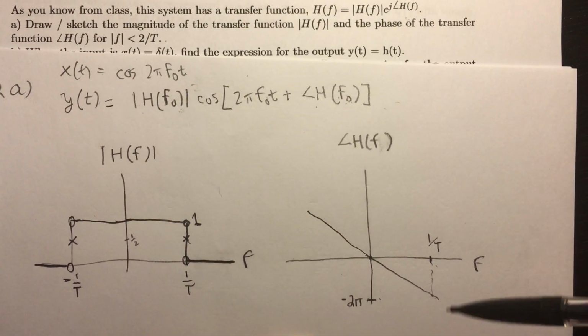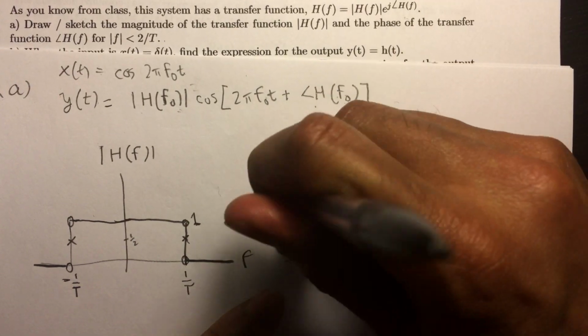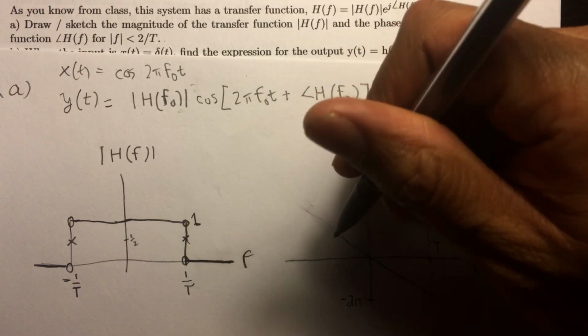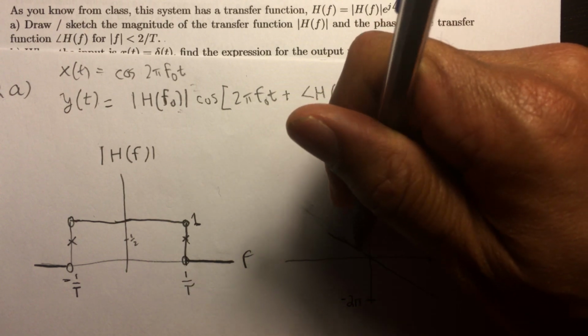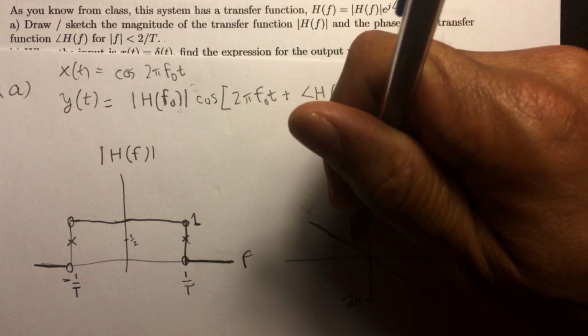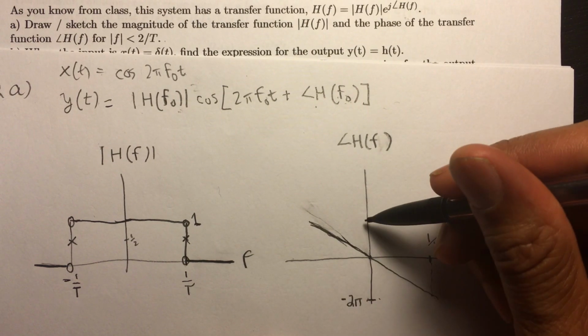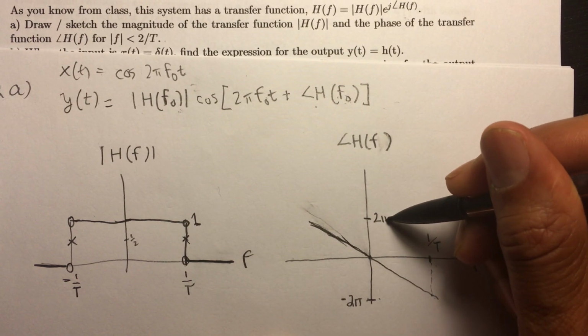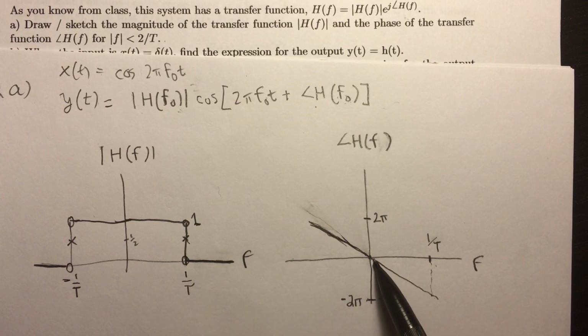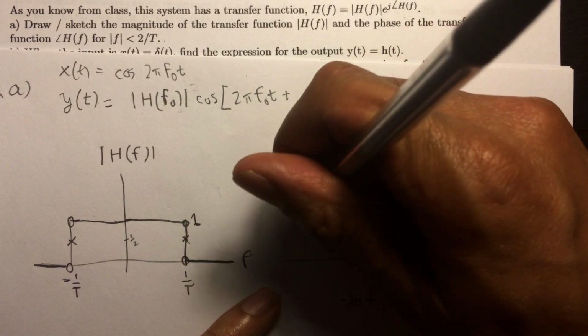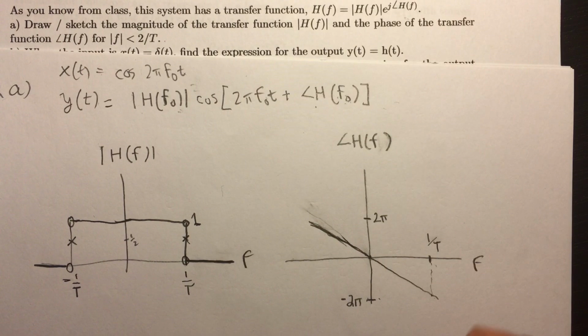So the phase is going to have the opposite odd symmetry. Not reflected, but it's going to be anti-symmetric about the origin. Whereas the magnitude had mirror symmetry, this has odd symmetry, or it's anti-symmetric.